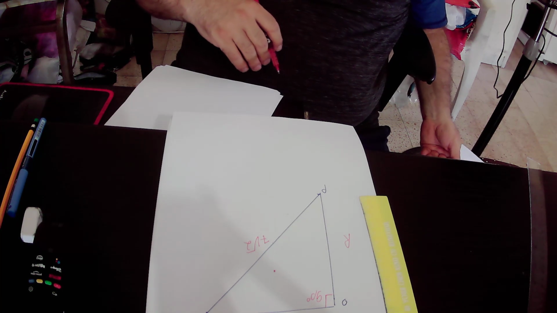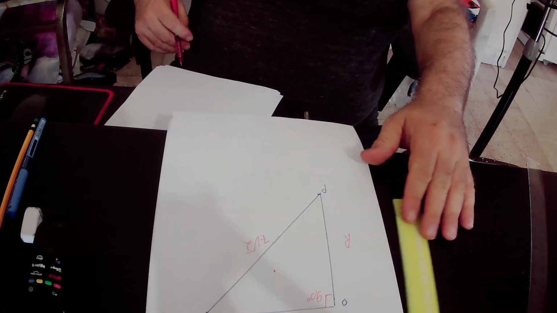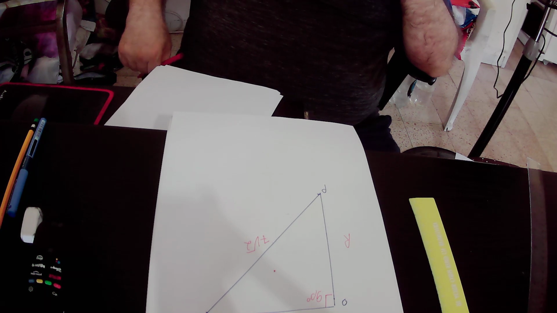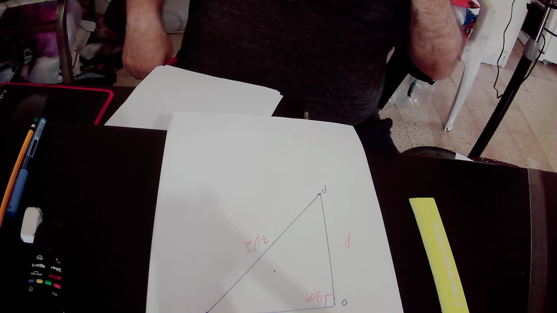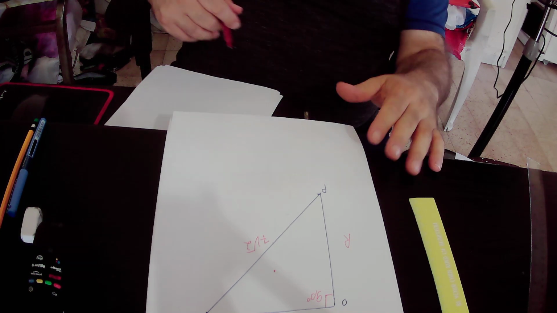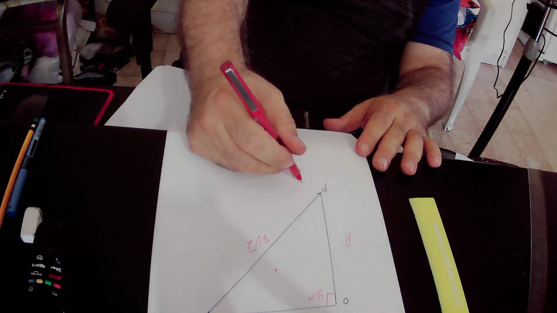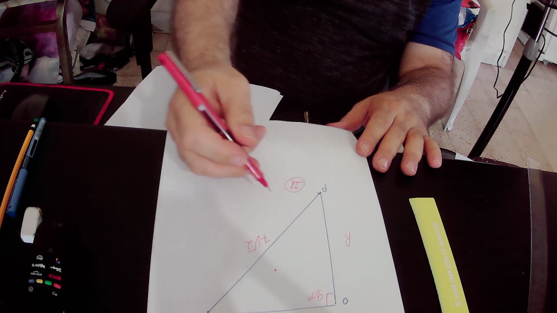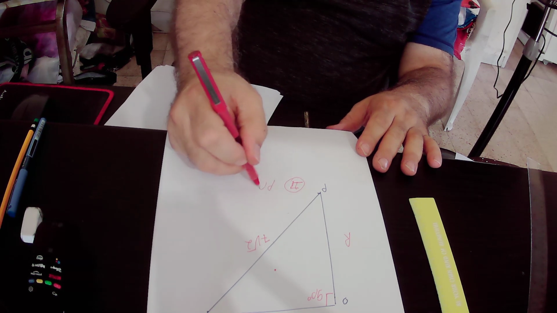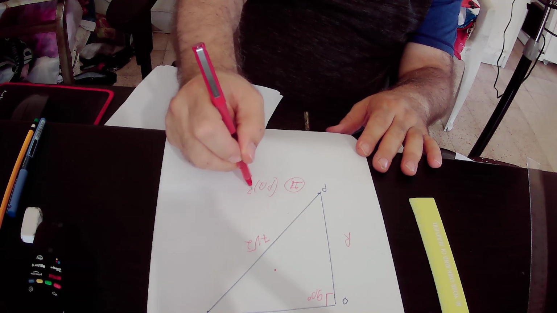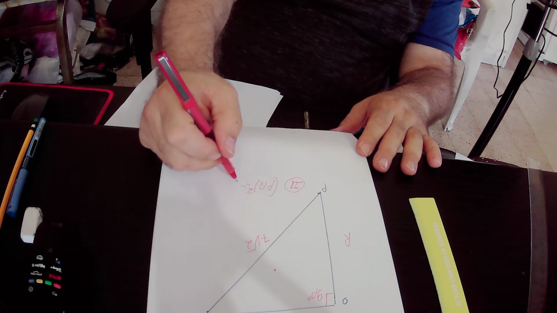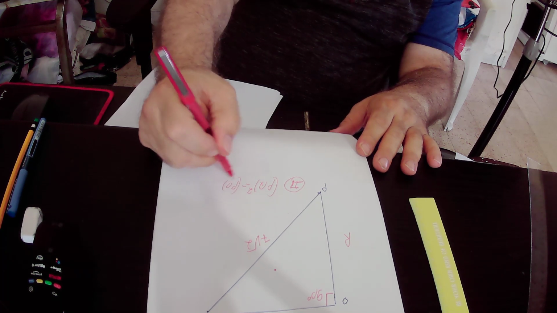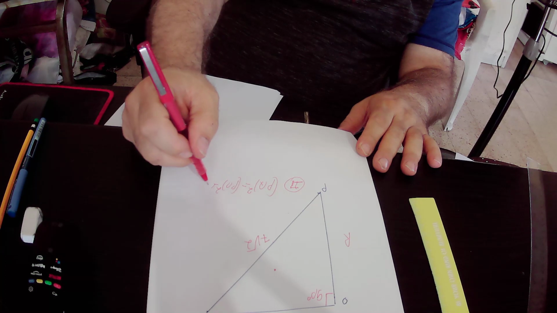Okay, so in our right triangle, we will implement the Pythagorean theorem, and we will get, I will call it equation number 2, PQ square equals PO square plus OQ square.